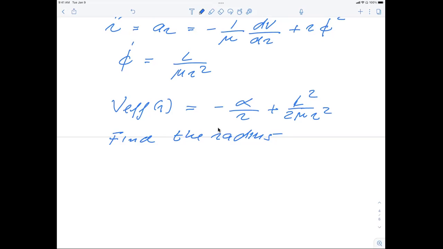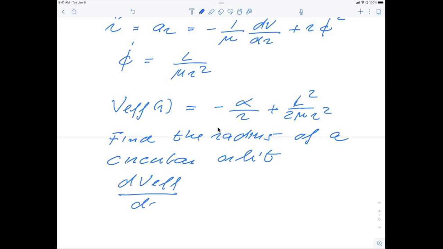So if we now want to find the radius of a circular orbit, we know that this is where this effective potential has a minimum. So we are then saying that the radial acceleration is equal to 0.